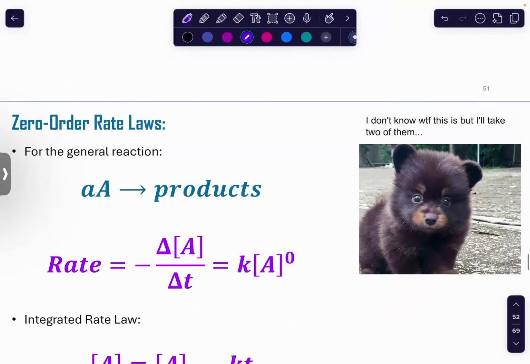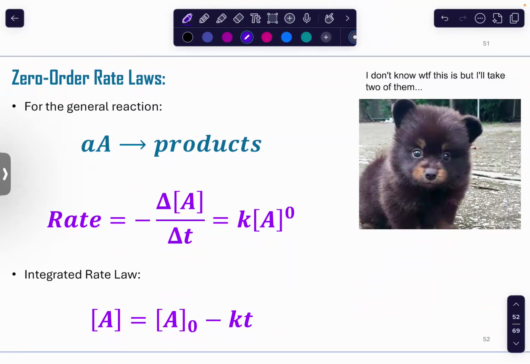All righty. The last one, zero order. Okay, now look at the rate. It makes sense why this is zero order. But how should I adjust that equation to make it more accurate?